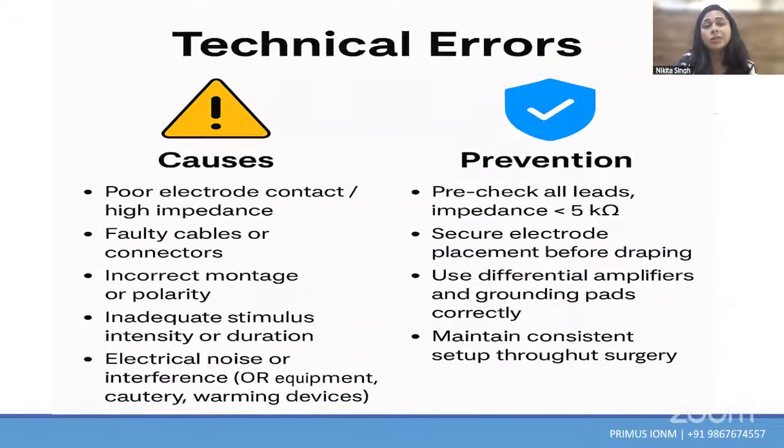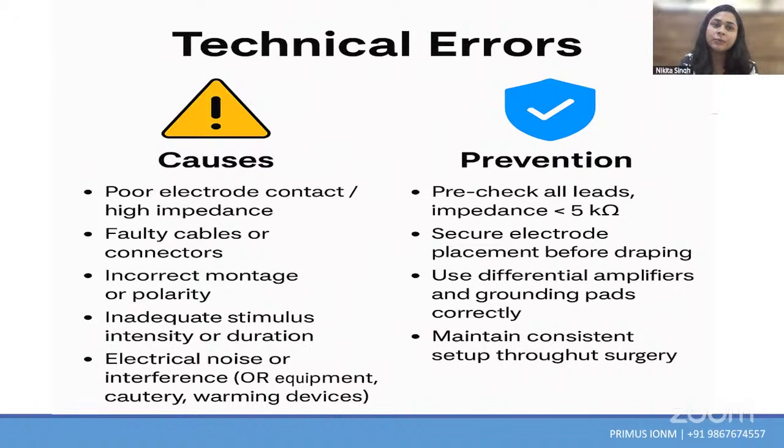The common causes of technical error are poor electrode contact, which causes a high impedance, faulty cables or connectors, incorrect polarity, inadequate stimulus intensity or duration, and also electrical noise or interference. We can prevent these errors by checking the impedance of the electrodes.